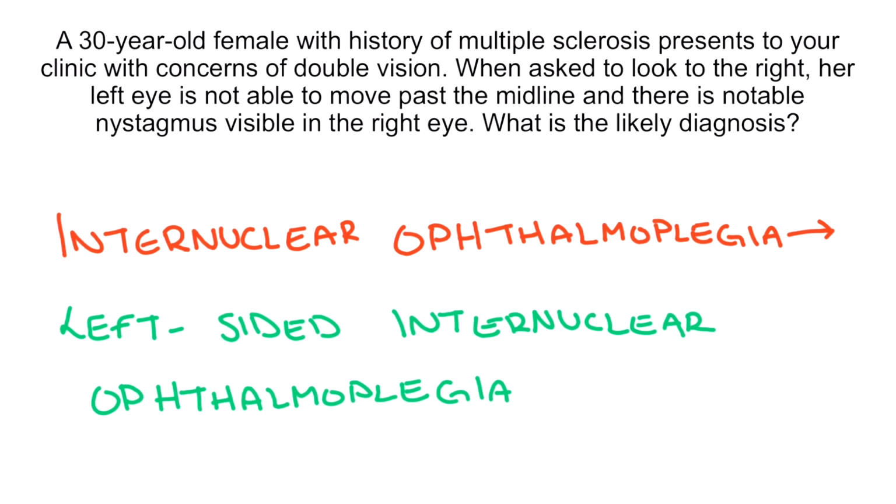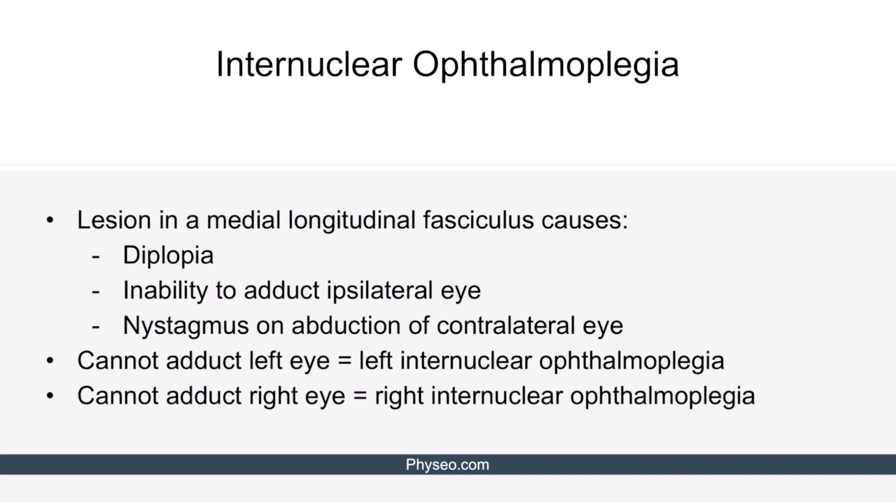Now, this finding is particularly high yield for the boards, so let's take a minute to ensure we understand it. Internuclear ophthalmoplegia is a visual disturbance seen in multiple sclerosis when there's a lesion in the medial longitudinal fasciculus. Recall, the medial longitudinal fasciculus is a heavily myelinated collection of neurons that coordinates and synchronizes the horizontal movement of our eyes.